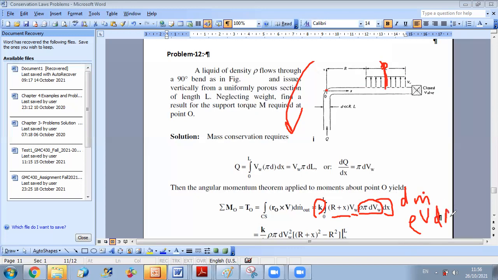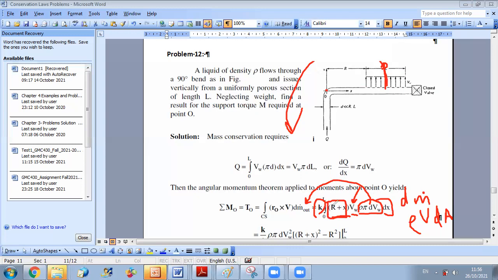Now all you have to do is to perform your integration. Here VW is constant. If it was a function of x, all you have to do is replace VW by its x function, and you integrate. So since you have constant parameters, you take them outside of the integral, and you just integrate the variable parameter, which is this one.